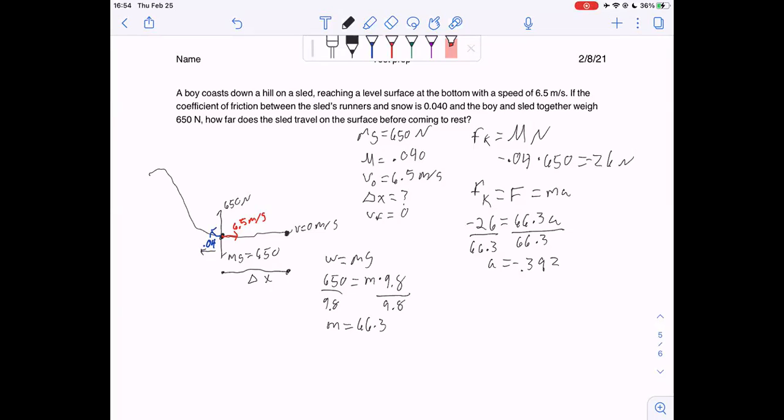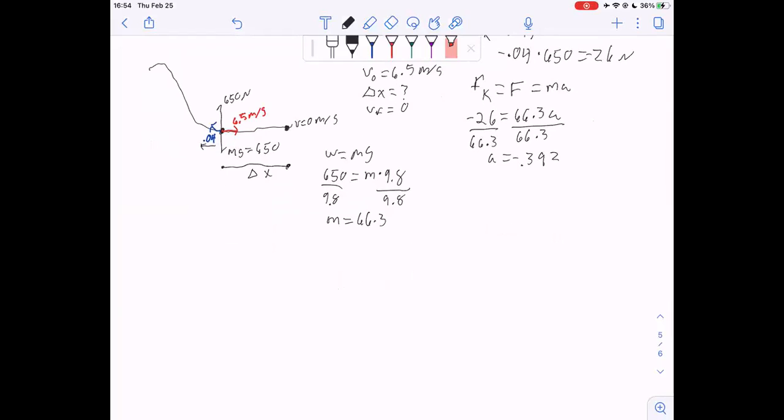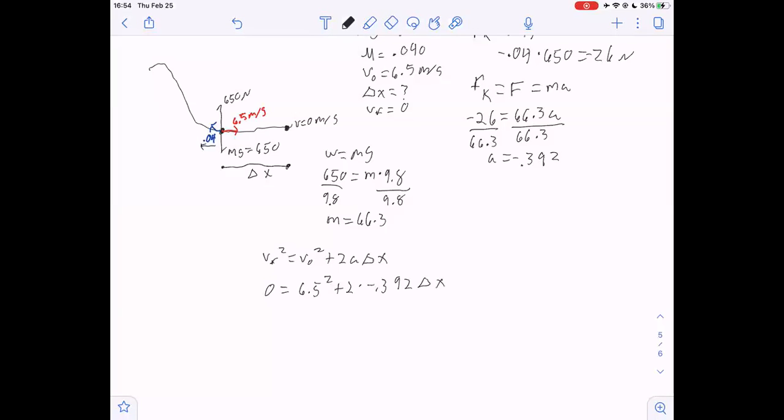Okay, now that we're this far, kinematics. They don't ever leave you alone, I promise. So the equation we use is final velocity squared is equal to v naught squared plus 2a delta x. Final velocity is 0. Initial velocity is 6.5 squared plus 2 times negative 0.392 times delta x.